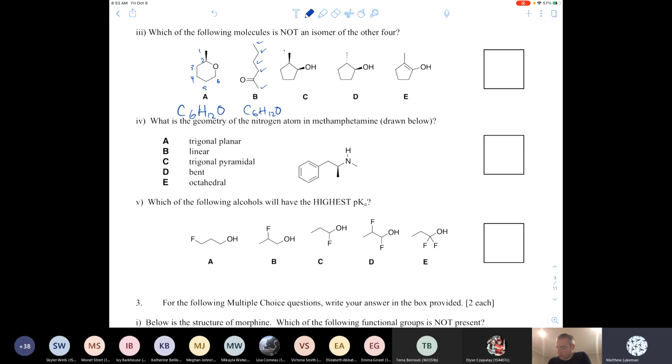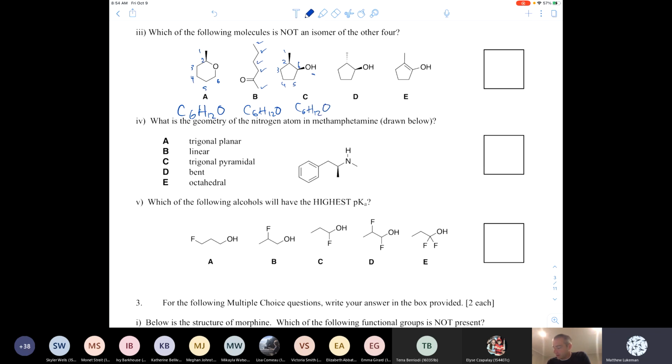C, we have 1, 2, 3, 4, 5, 6. So again, C6. H, we have 1, 2, 3 on carbon 1, 4 on carbon 2, 5, 6 on carbon 3, 7, 8 on 4, 9, 10 on 5, 11 on 6, and then 12 is the OH.